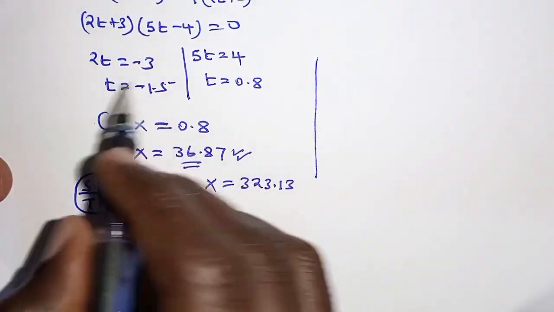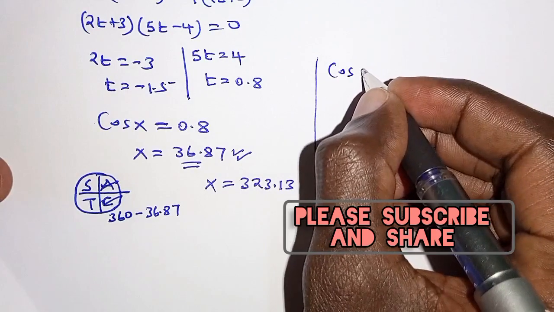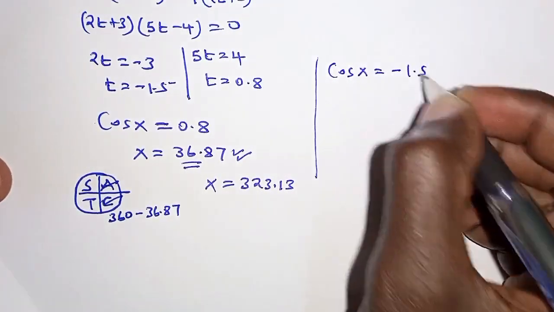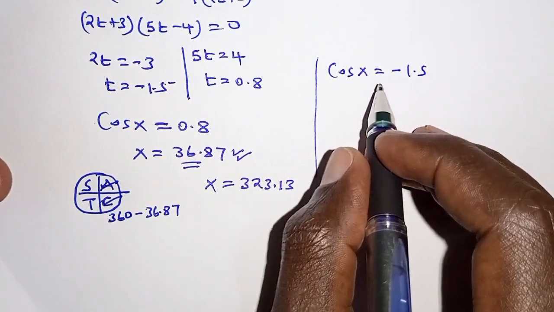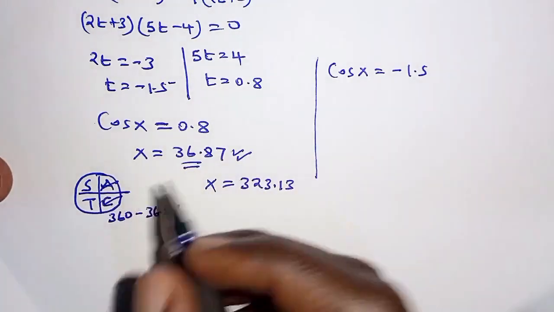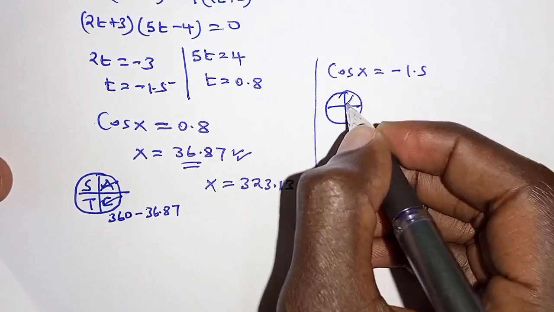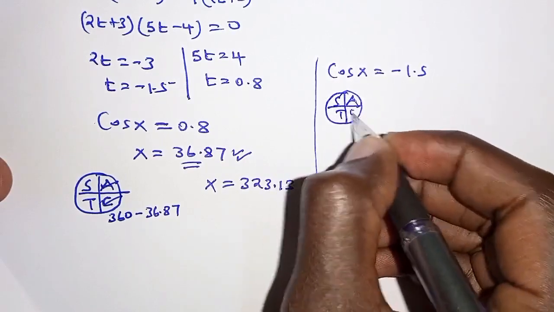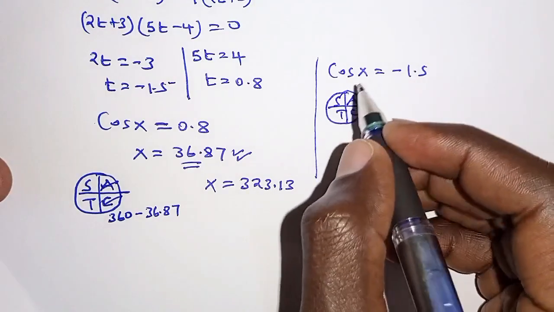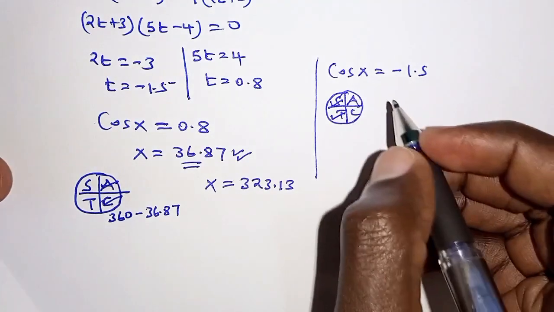How about if we try this other one? We have cosine of x is equal to negative 1.5. Now, this negative here should be interpreted in the unit circle. So we have the unit circle as that. And then we have cosine negative in the second quadrant and the third quadrant.